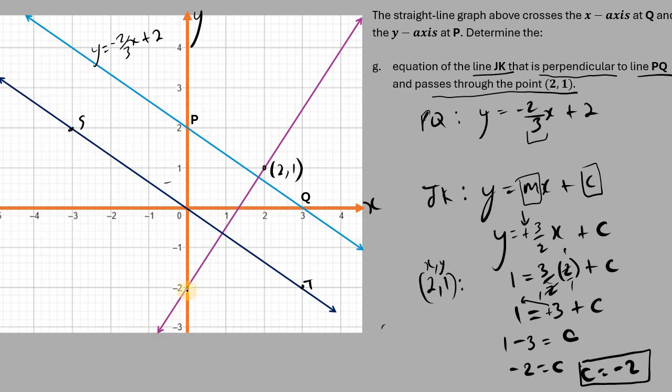So there we have the purple line. It cuts through the y-axis at negative 2, and it passes through the point 2, 1. You can see that it cuts through point 2, 1, and it cuts the y-axis at negative 2 as we calculated. It's very accurate. Notice that it looks like a right angle.